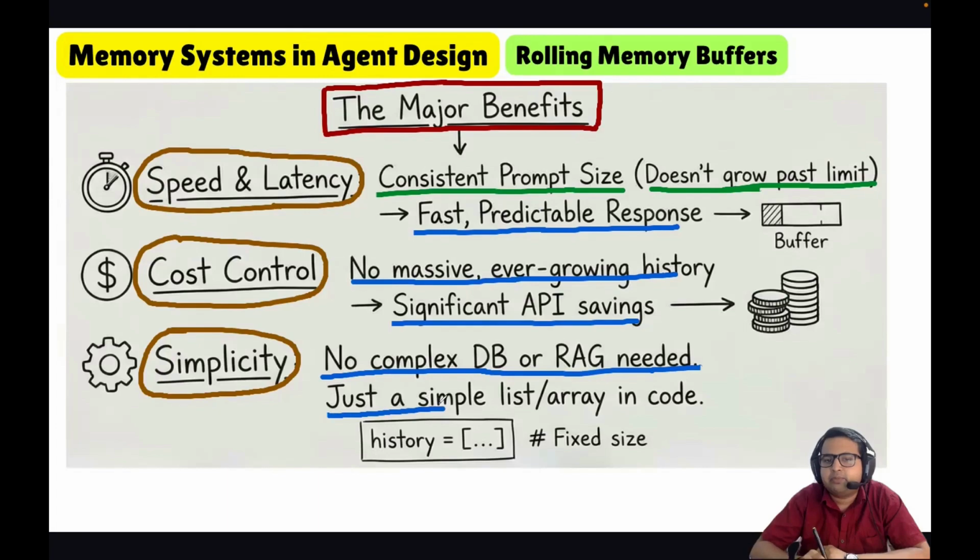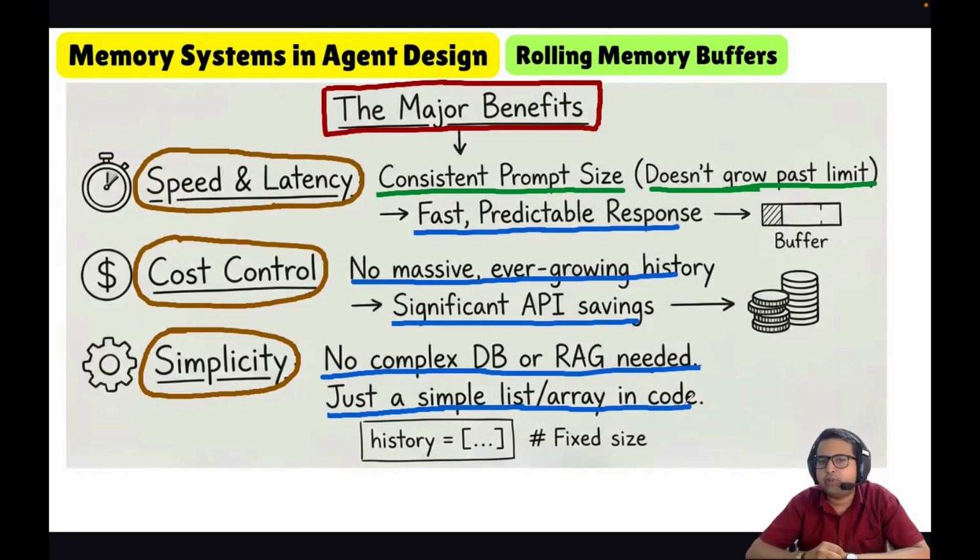It is just a simple list or array in code, a fixed size list or array. So it is very easy to implement rolling memory buffers.